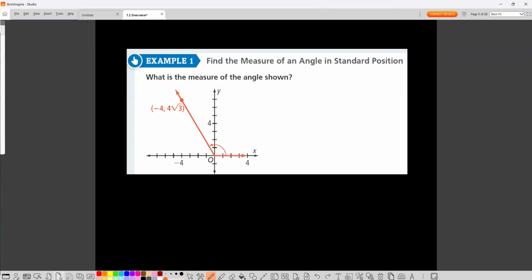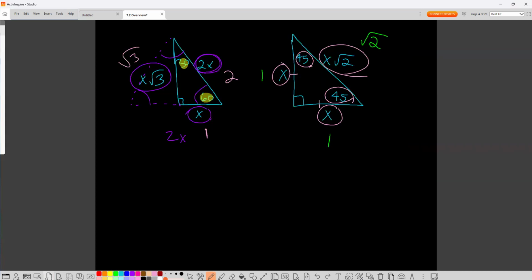They ask us what's the measure of this angle. They're talking about this angle right down here, and obviously it's over 90. If we come over here and draw this triangle in, the x right here is 4, and the y right here is 4 square root of 3. If you notice the 4 and the 4 square root of 3, that's like the x and the x square root of 3.